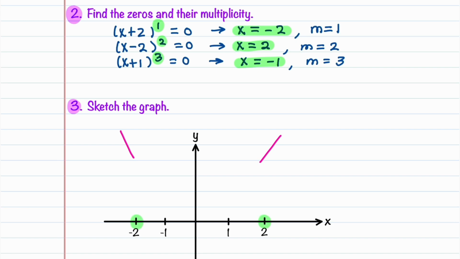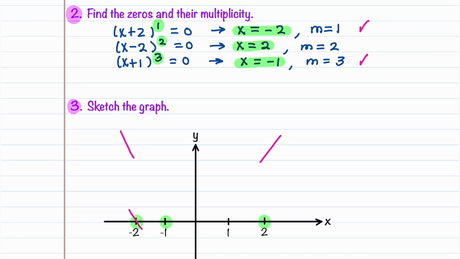And then we have a 0 at negative 1. Now let's write a small pink line to indicate what happens at each of our zeros. At x is equal to negative 2, right up here, we have a multiplicity of 1, so our graph is just going to cross. And then at x is equal to negative 1, we have a multiplicity of 3.